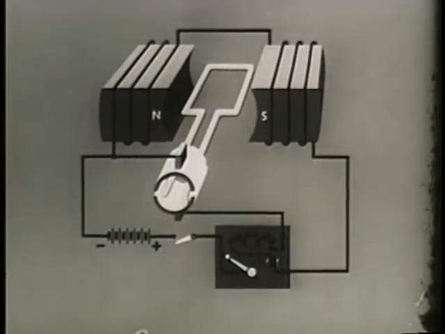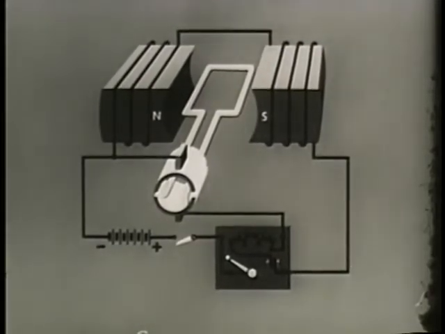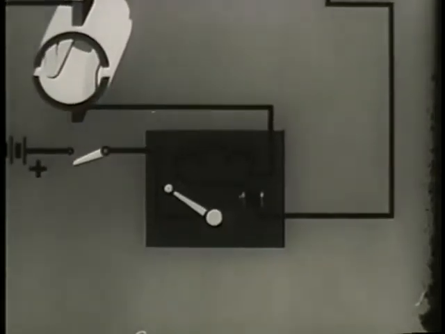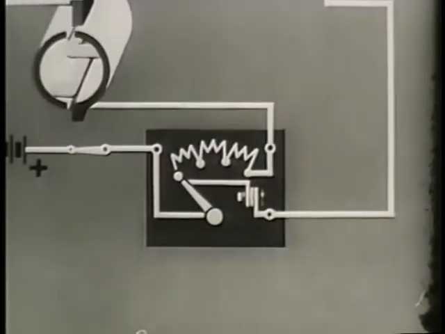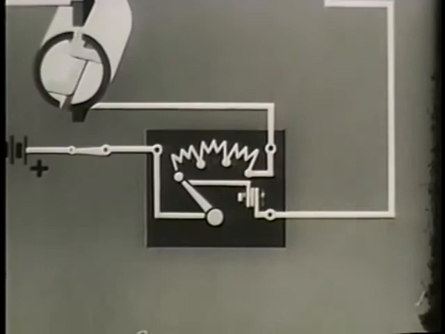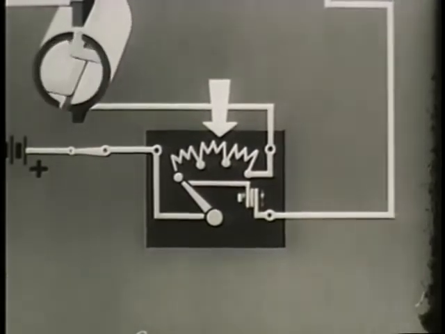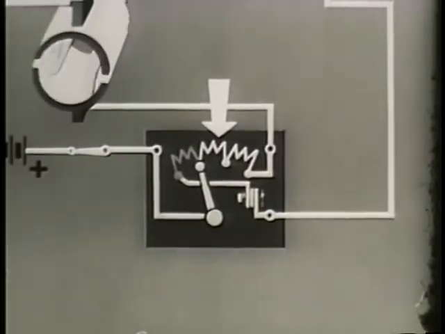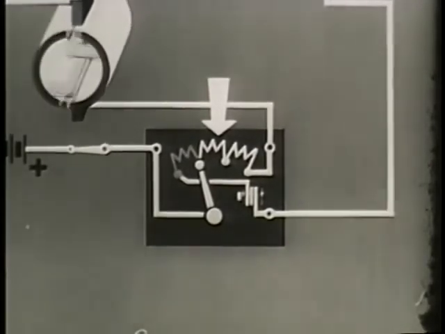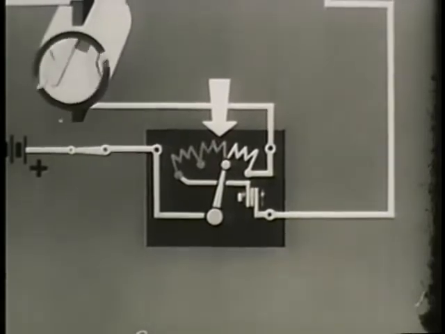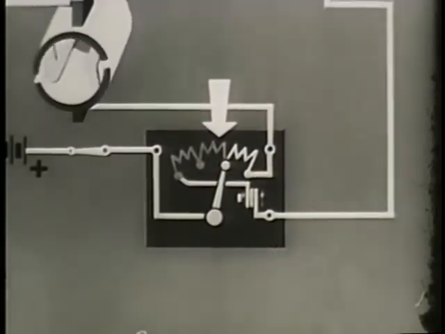Here is a basic shunt motor with its starting box. In the starting position, the circuit to the rotor windings is closed through a series of large resistance coils. As the lever of the switch is moved, rotor speed and CEMF build up gradually, and the resistance coils are subsequently cut out until running speed has been reached.